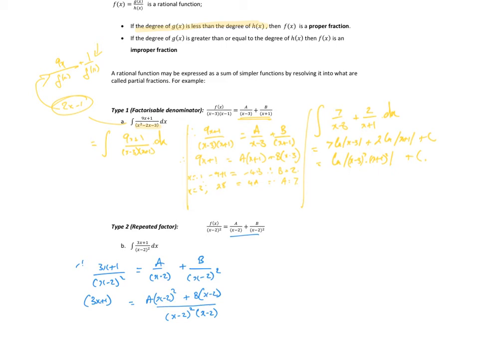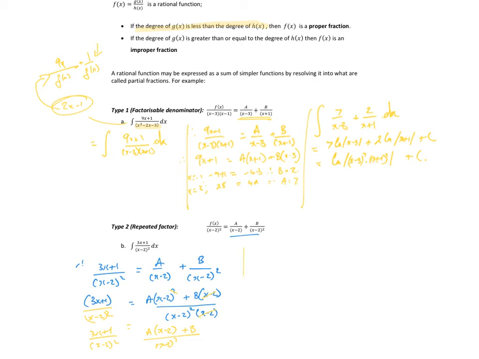Then if we cancel common terms, I do end up with 3x plus 1 over x minus 2 all squared is equal to a times x minus 2 plus b over x minus 2 squared.